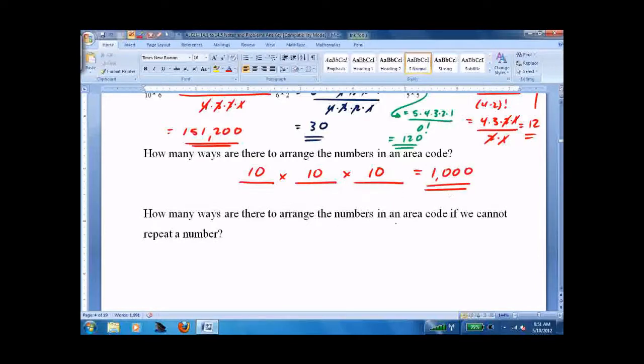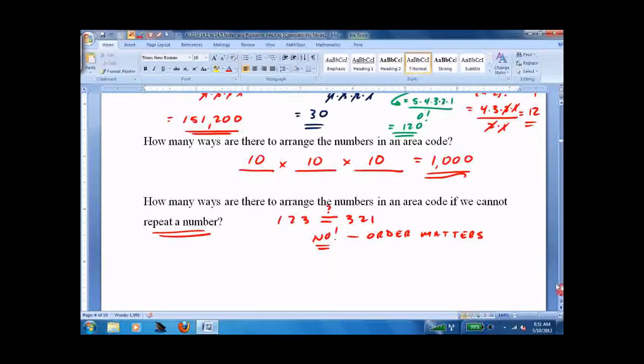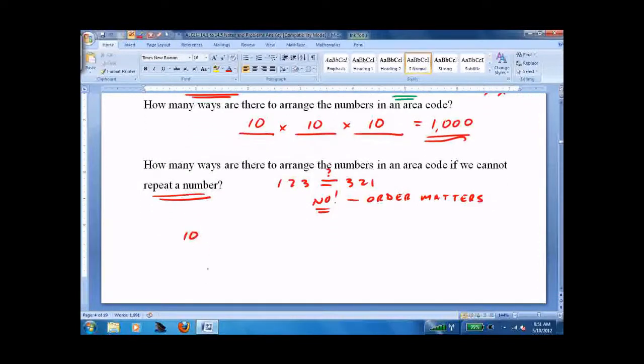Now, how many ways are there to arrange numbers in an area code if we cannot repeat a number? And let's ask ourselves, is the area code 1, 2, 3 the same as 3, 2, 1? I would say no. So order matters. If order matters, then it's a permutation. We're picking from 10 numbers.